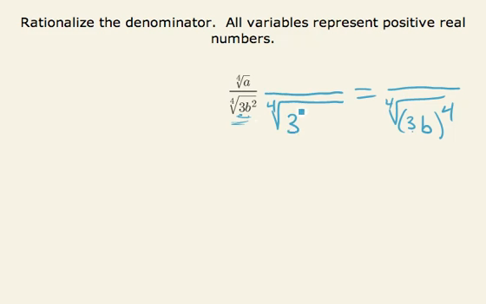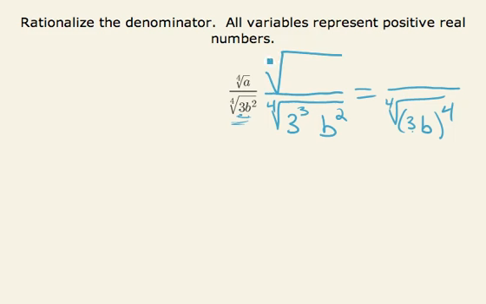If I did a 3 to the third power underneath this fourth root, then that part of the product gives me my 3 to the fourth power. So that's nice. I'm also going to need to have a b to the fourth power. I currently have a b squared, so what I need to multiply by is another b squared. So b squared times b squared is going to give me my b to the fourth. So this is the right thing to use, the fourth root of 3 cubed times b squared.